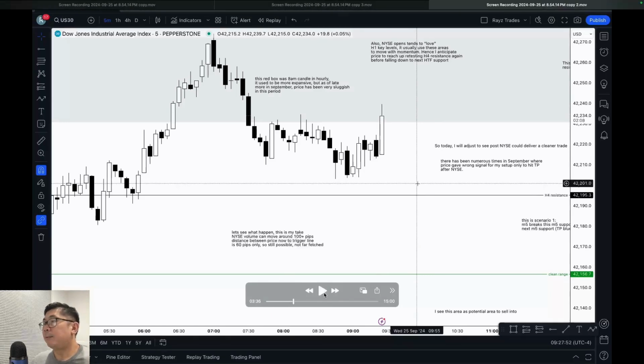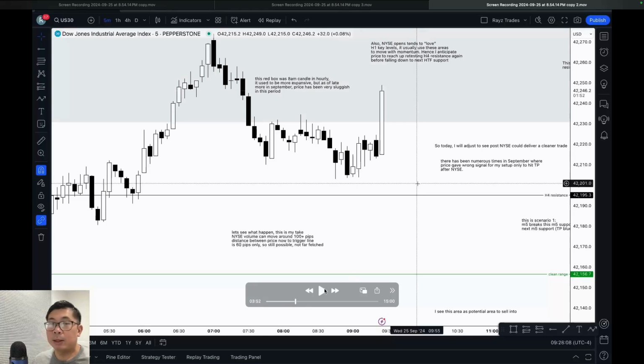All right, okay, so there we are. Right, so this is 930 candle, 2 minutes before that 930 candle close. Oh, look at that! Look at the momentum.